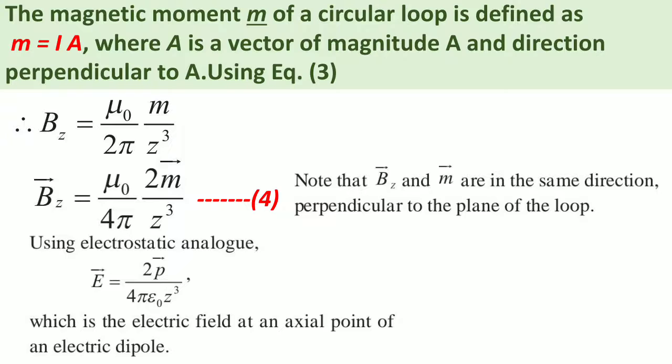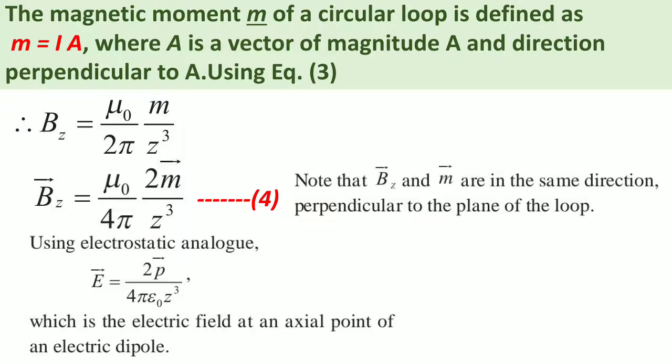This formula we already derived in standard 11th in electrostatics. So if you compare both the formulas, you can see the similarities as these are analogies of each other. So this is the final formula for a circular loop carrying a current as a magnetic dipole.